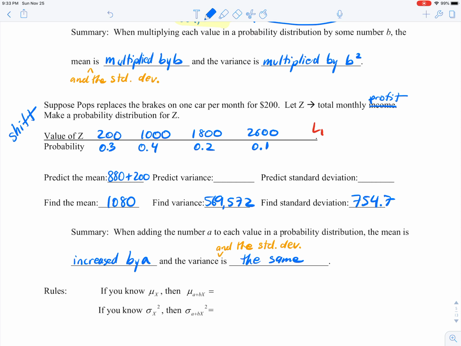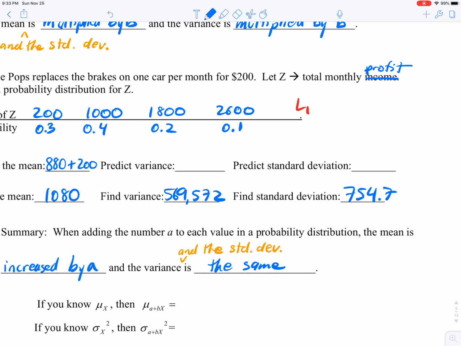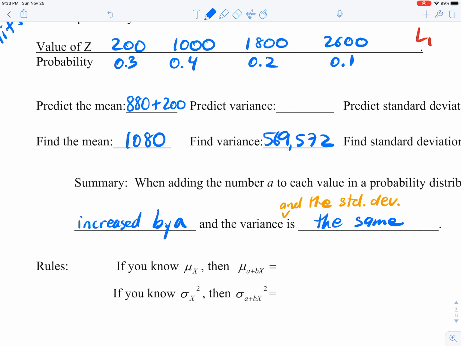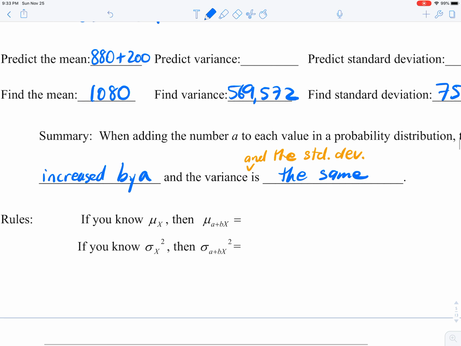We can summarize these in two main rules. If you know the old mean and you're multiplying by b and adding or subtracting a, then you'll multiply the old mean and then add or subtract that shift.